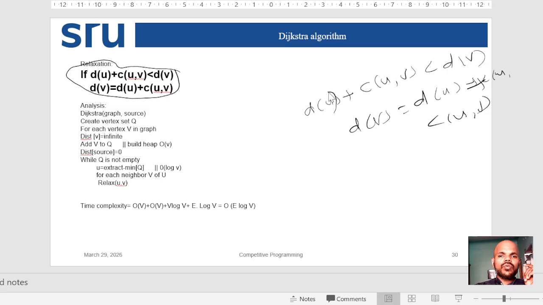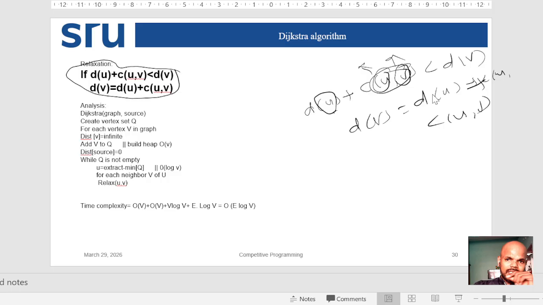Here u is the starting vertex and v is the destination. So u comma v are the starting and ending vertices, or we can say source and destination vertices. These are the major ideas for developing this algorithm.